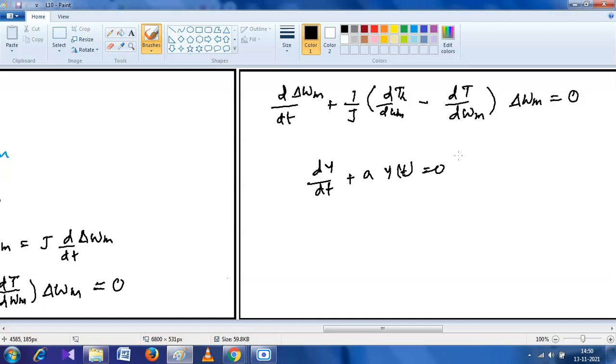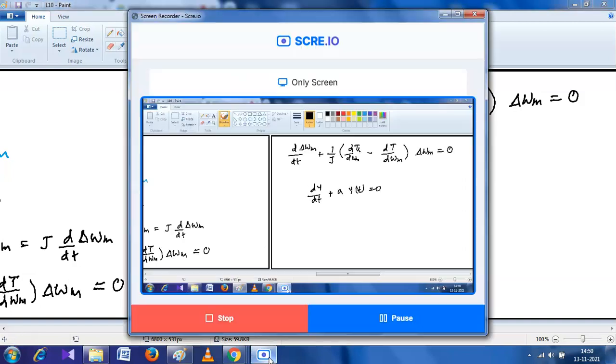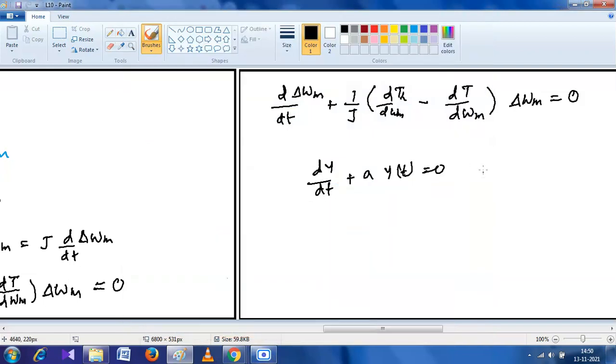So what is the solution of that first order equation? Tell me. In mathematics class you have done it. Tell me the solution of that equation.